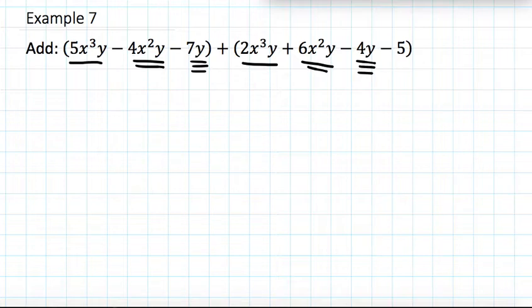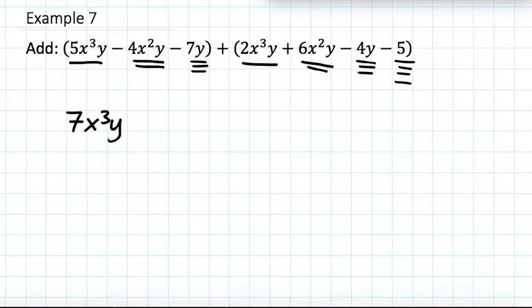So just put the number of lines underneath the terms that match. I have a negative 5 here also. I can put 4 lines under that one, but there's no constant term in the first set of parentheses to add that to. So that negative 5 is just going to stay as a negative 5. Now I'm going to put the things together that go together. 5 plus 2 is 7, x to the third y's.